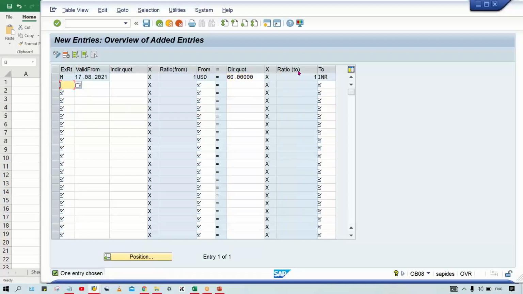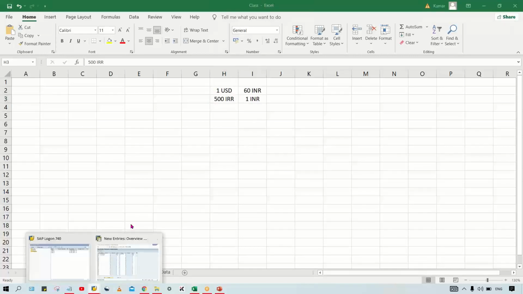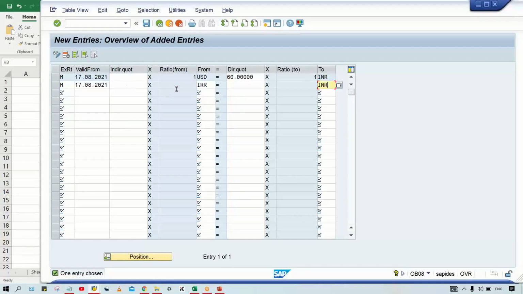At the same time, if I have to maintain here Iranian currency IRR versus INR, then 1 Indian currency equals how much IRR, guys? So here 500. It means we are going to specify this 500 here.